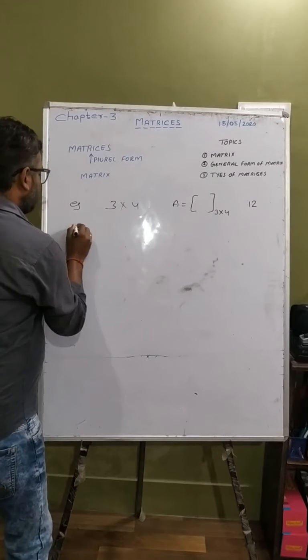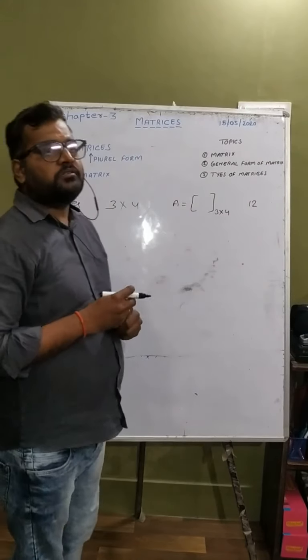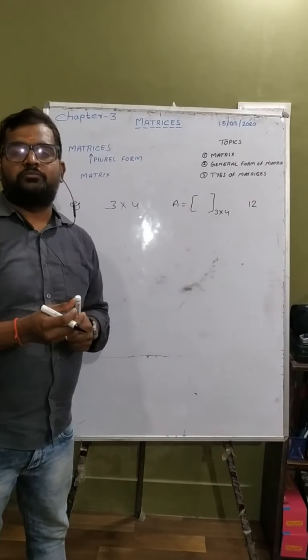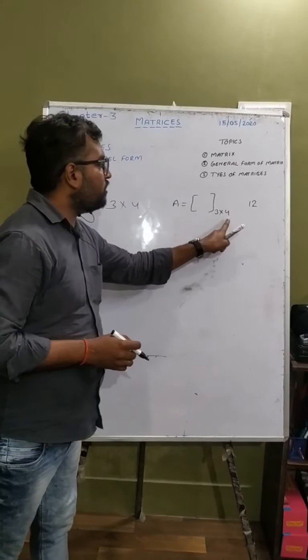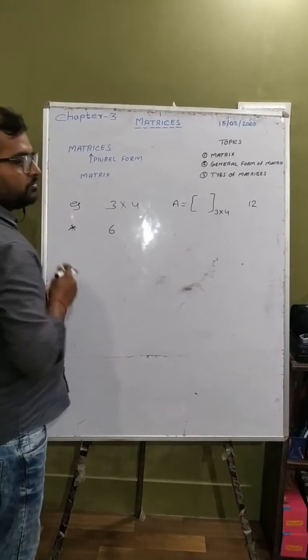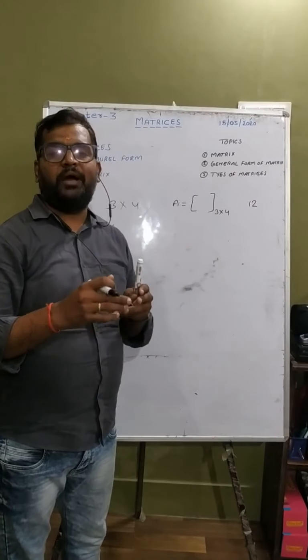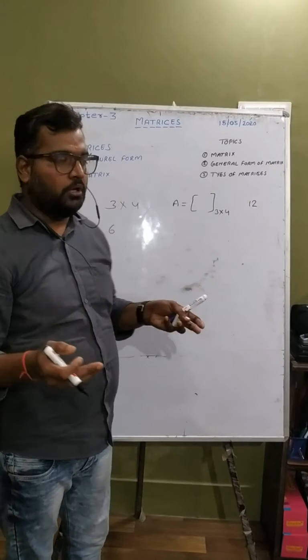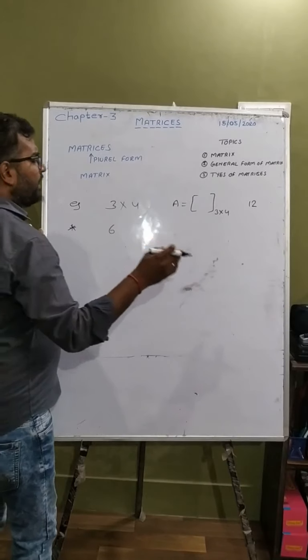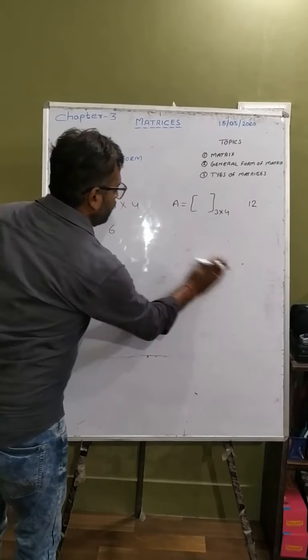Now the vice versa of this question. This is important. Suppose it is given that in a matrix the order is not given. It is given that there are 6 elements. How many possible matrices can be formed? This is a very important question.